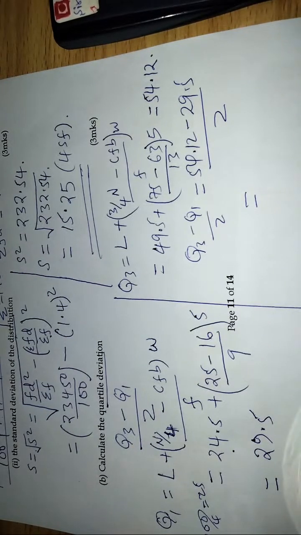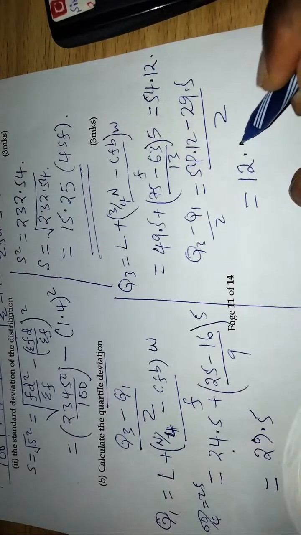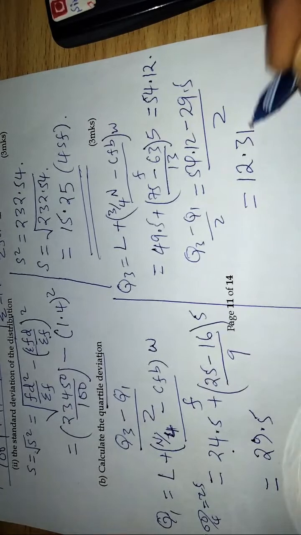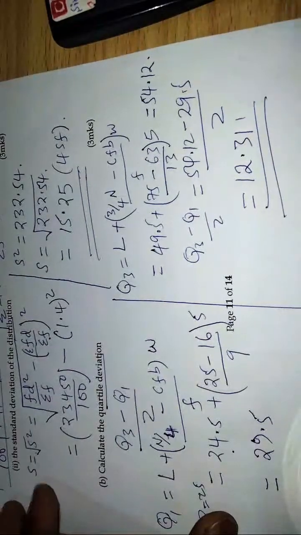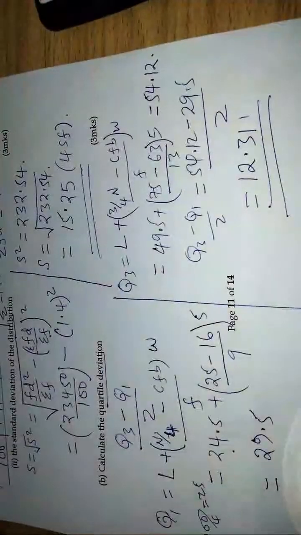But now when we divide it by 2, we get semi-interquartile range, or rather the quartile deviation. In this case, it will be 12.31. So that is how we answer such a question.